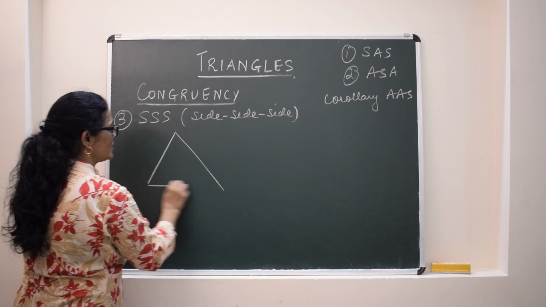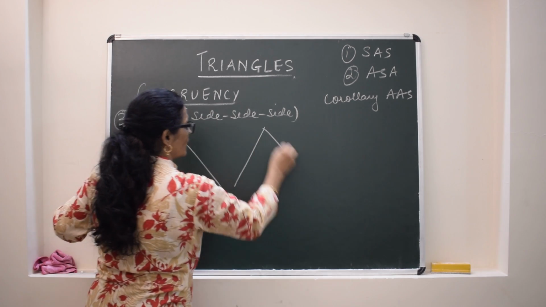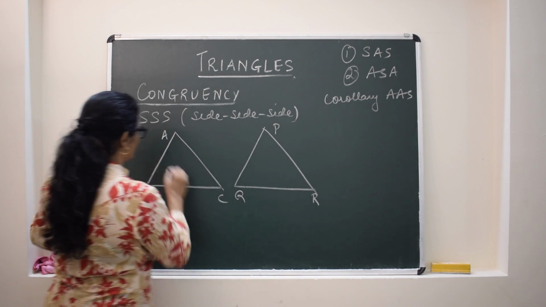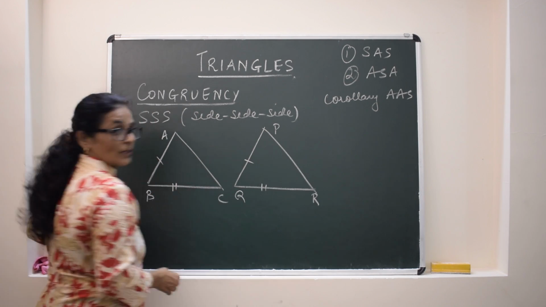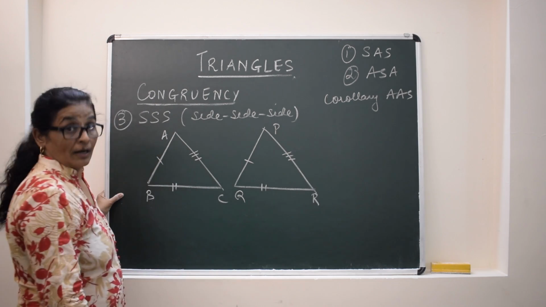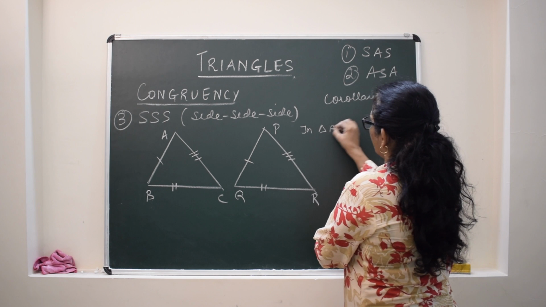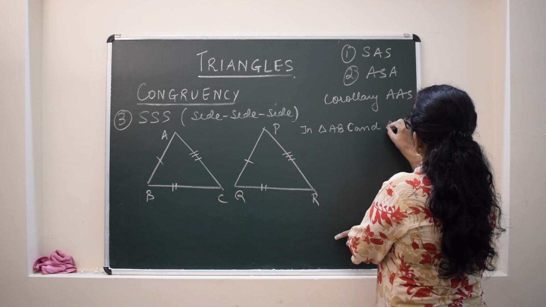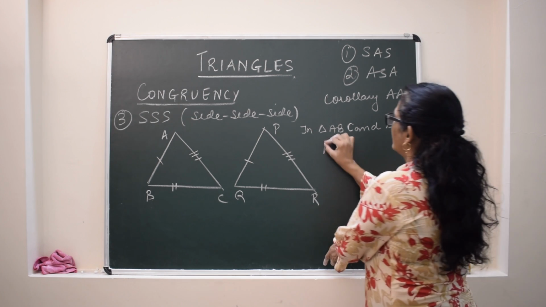A triangle ABC and a triangle PQR are such that AB is equal to PQ, BC is equal to QR and AC is equal to PR. So what will we write? In triangle ABC and triangle PQR, what is given?